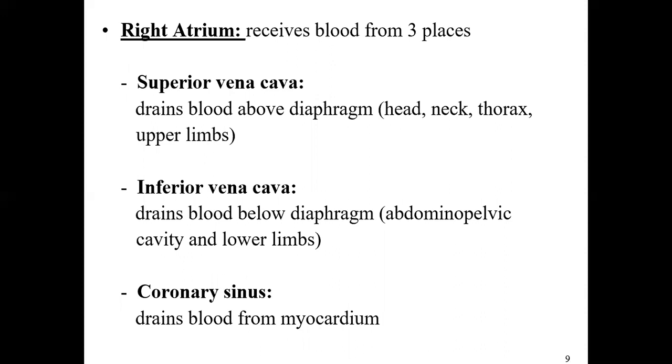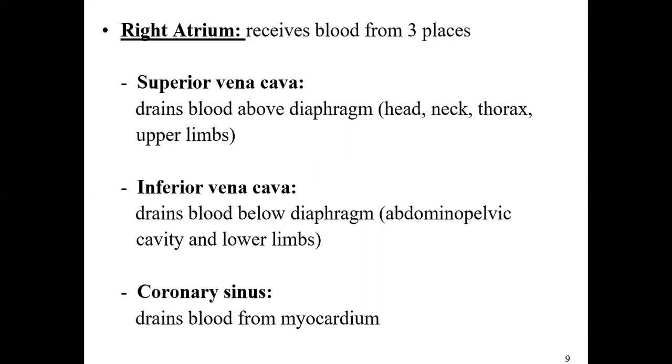The superior vena cava is receiving deoxygenated blood from anywhere above the diaphragm, such as the head, neck, thorax or chest cavity, and the upper limbs, the arms. Everywhere else below the diaphragm, your abdominal area, your pelvic cavity, your lower limbs, is returning to the right atrium up through the inferior vena cava.